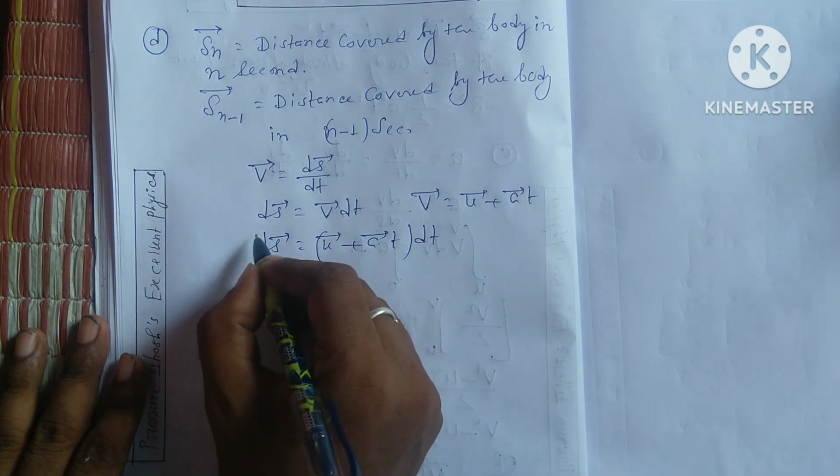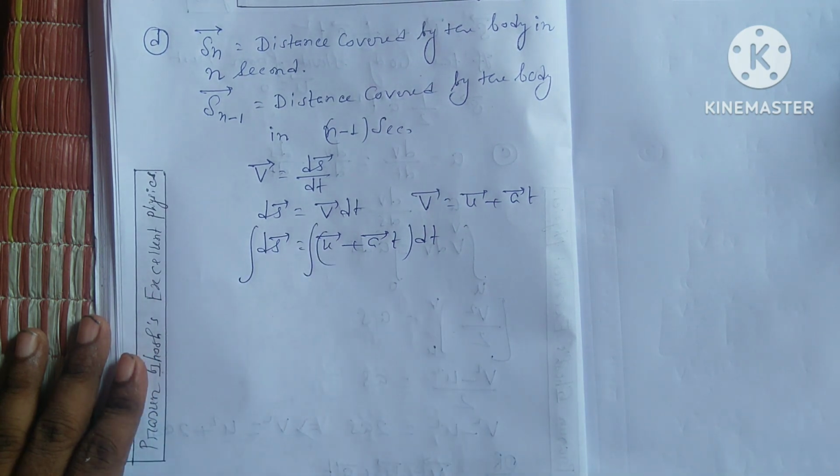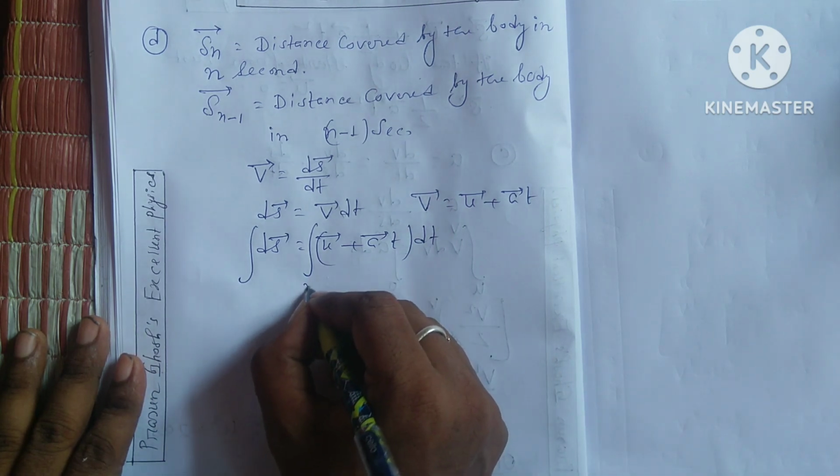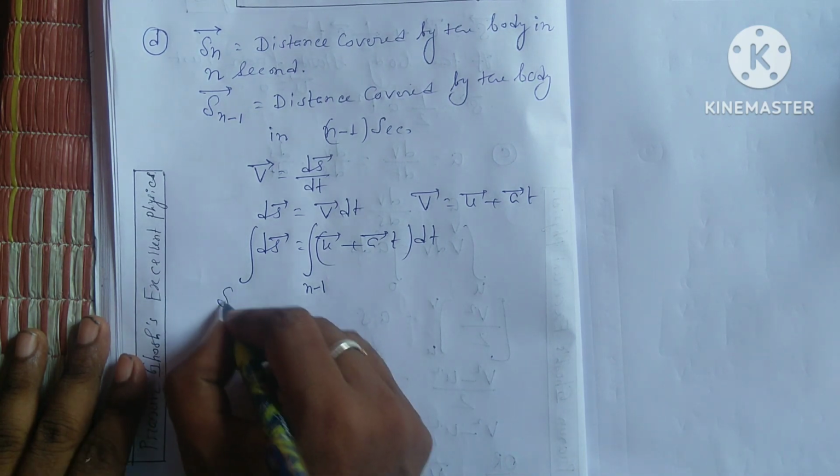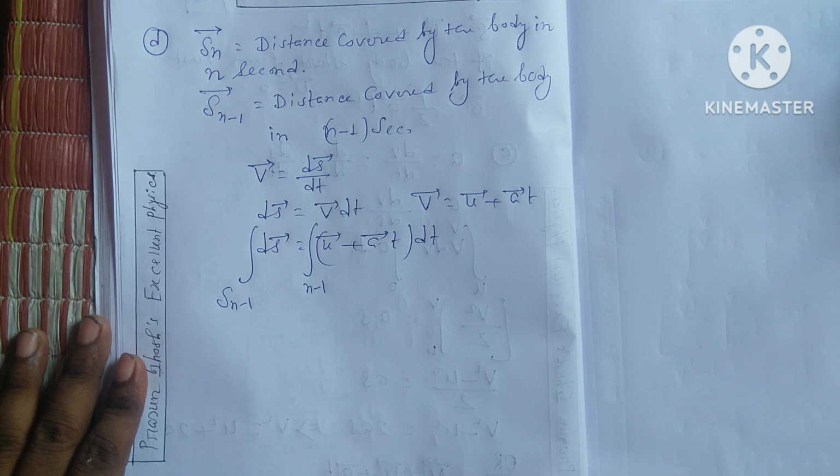Here we integrate on both sides: when time is n minus 1, the distance covered by the body is Sn minus 1.